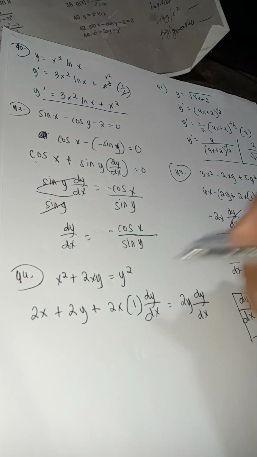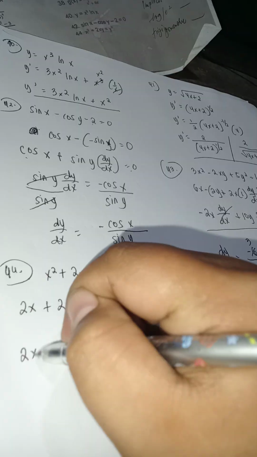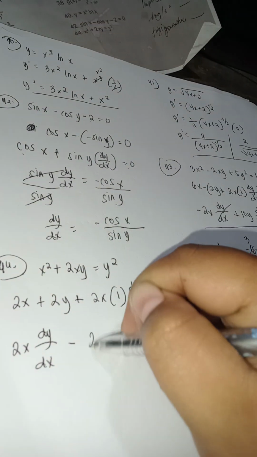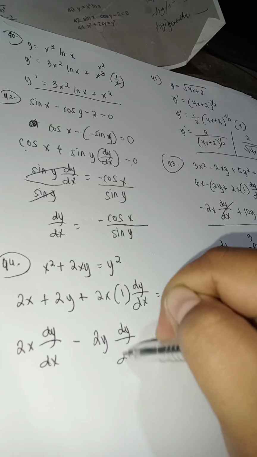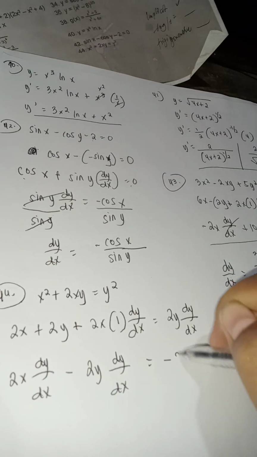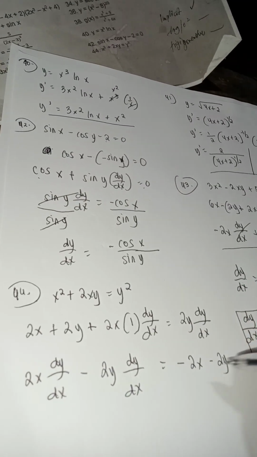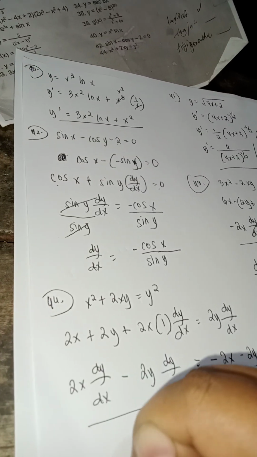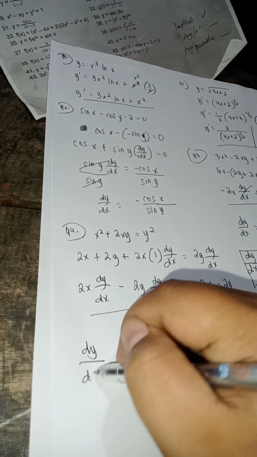Okay? So, move the dy over dx to the left side, 2x dy over dx. Make this a subtraction, 2y dy over dx, is equal to negative 2x minus 2y. Divide both sides by 2x minus 2y. Put the dy over dx here.